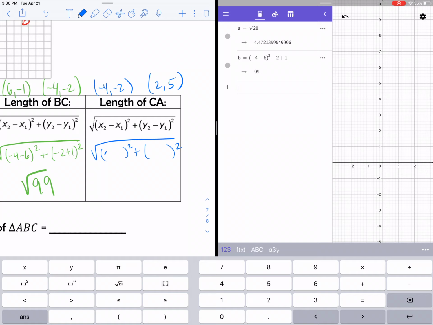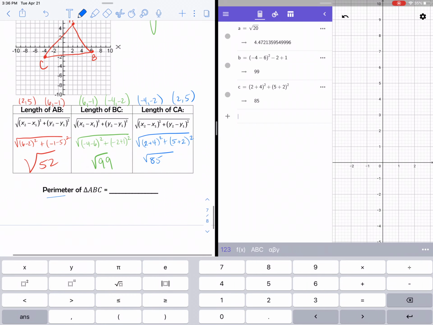So I'm subtracting the x's, 2 minus -4, so 2 plus 4, and 5 minus -2, so 5 plus 2. I could have just written 6 squared plus inside parentheses 5 plus 2, or you could just write 7 squared, and I get 85 for that.